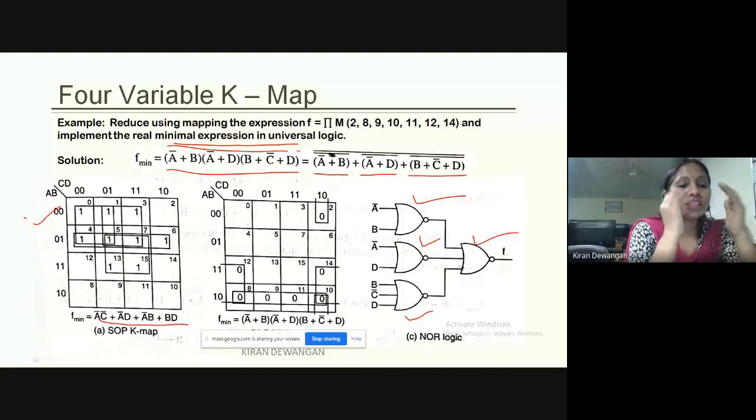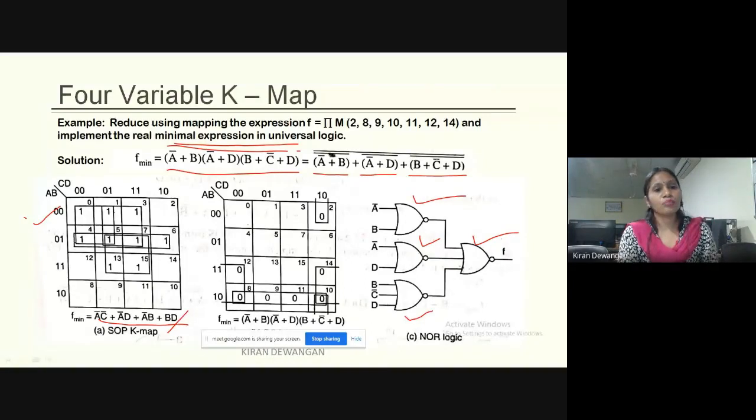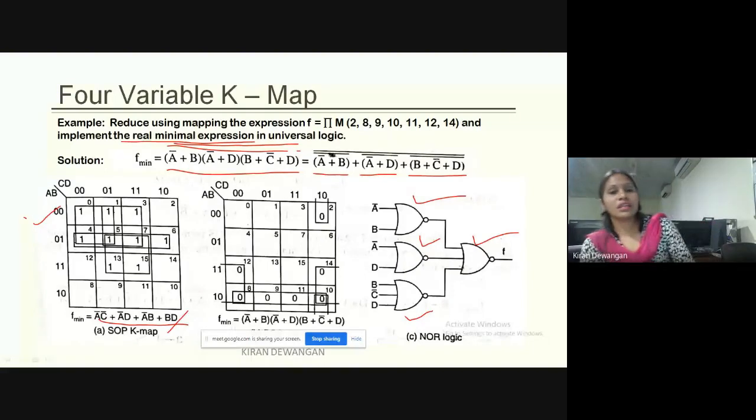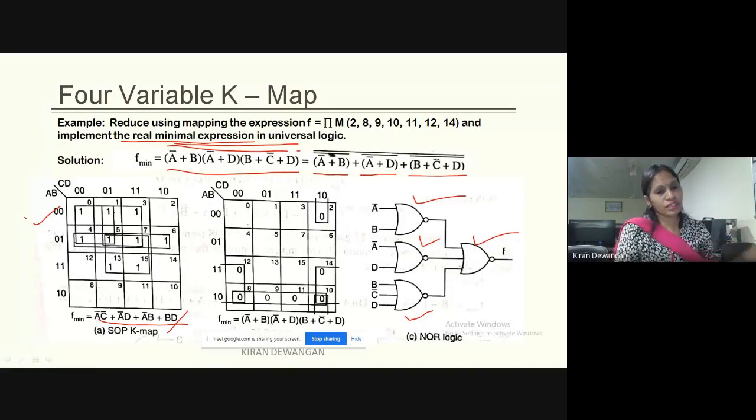Okay, so all the 4 are considered as quads and they are then reduced to this expression. Okay, so this is how we can reduce the expression using mapping, and then we can implement the real minimal expression in universal logic. I guess the concept is clear to everyone.